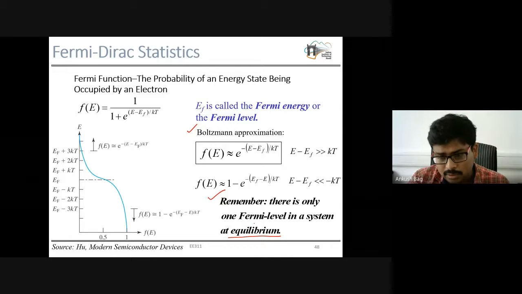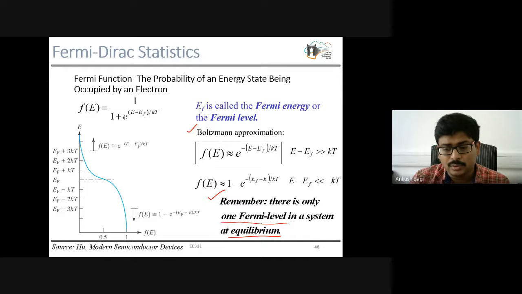Now, if your semiconductor is under equilibrium, there will be only one Fermi level. So remember this statement. In the PN junction discussion, when we bias our PN junction diode, it is not under equilibrium. Whenever we bias our diode at a fixed voltage and get constant current, we can consider that a steady state condition.